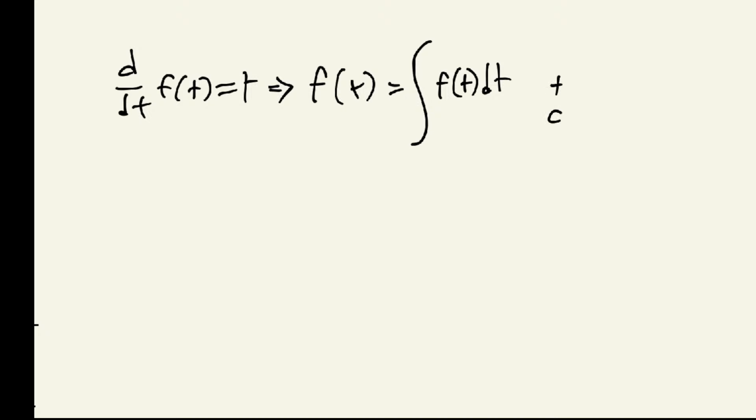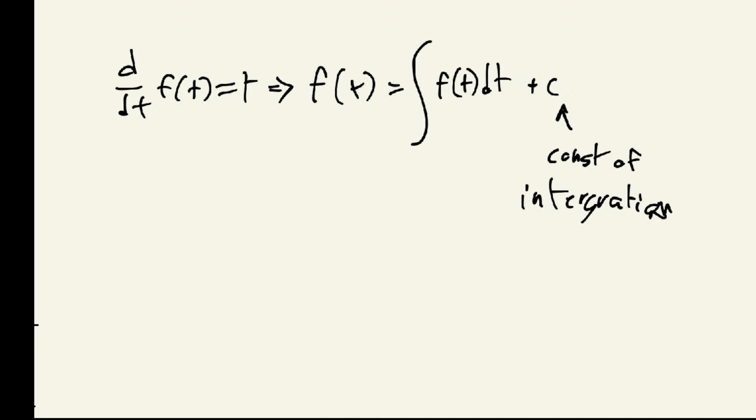And this c is called the, oh boy, I don't know why the c went there. That makes no sense. Plus c. And the c is called the constant of integration. The reason why c is here is because the derivative of f of t is telling you the slope of the line, right?